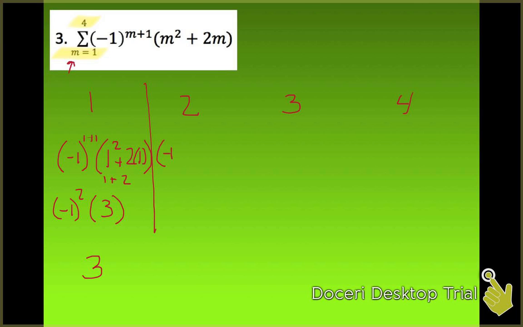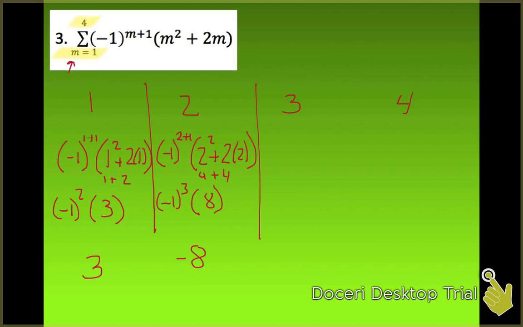So we'll have negative 1 for the second term to the 2 plus 1. And then we're going to have 2 squared plus 2 times 2. So this is negative 1 to the third power times 2 squared is 4 plus 2 times 2 is 4, so times 8. That's going to be a negative 8.